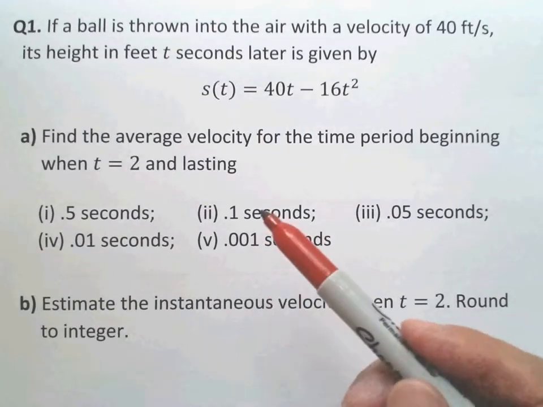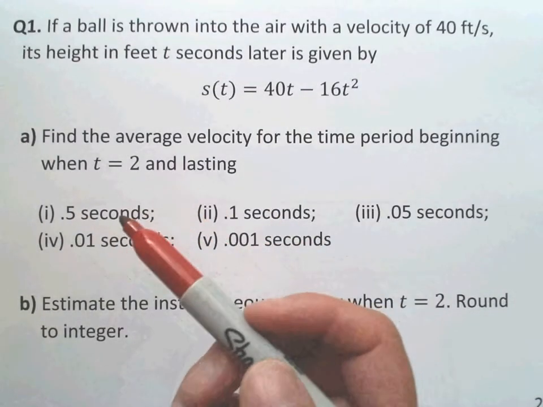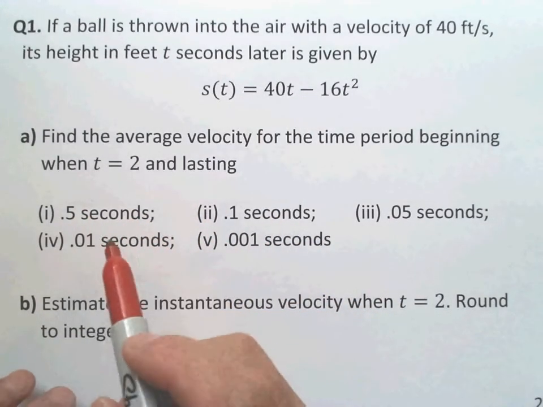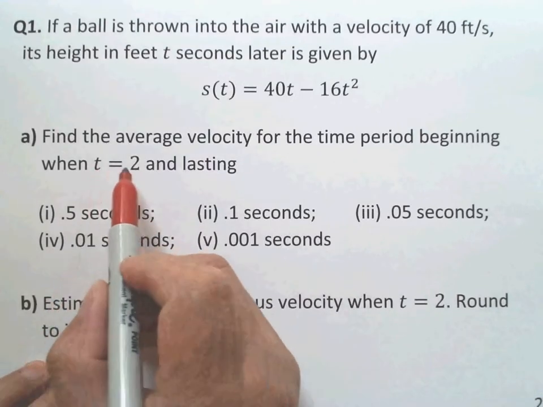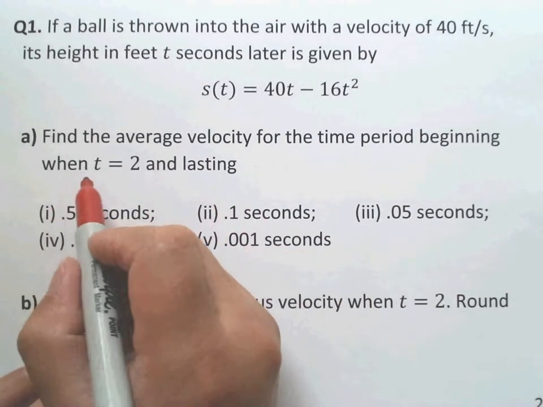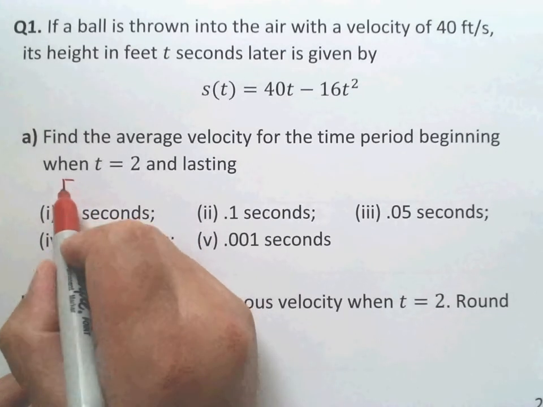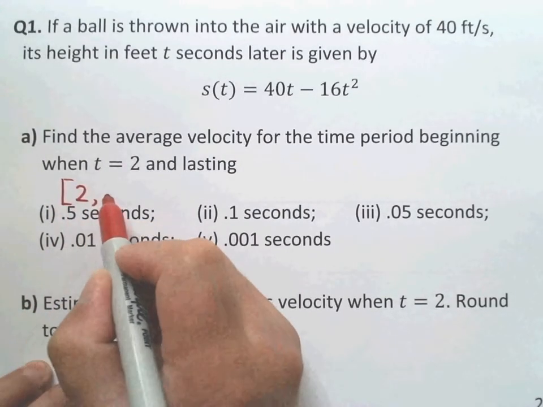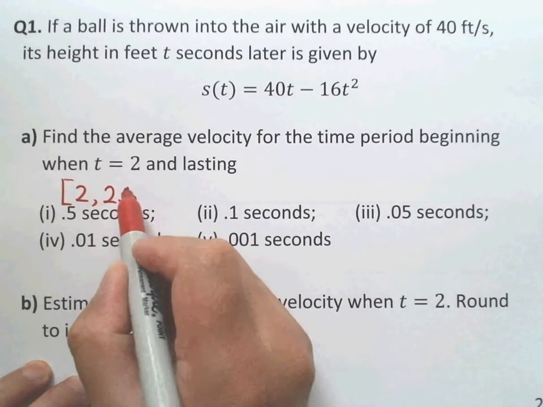What does this mean? We write the time period as an interval. If it lasts 0.5, the interval is from time 2 to 2.5.